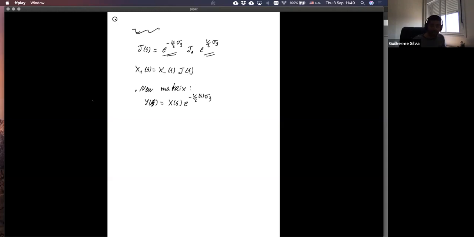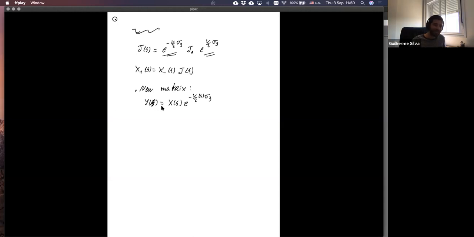I'm just transforming my X to a new matrix. Why? Well, this factor is analytic everywhere, and X is analytic except possibly on the contour. So from that, you already see that Y is analytic everywhere except possibly on the contour.